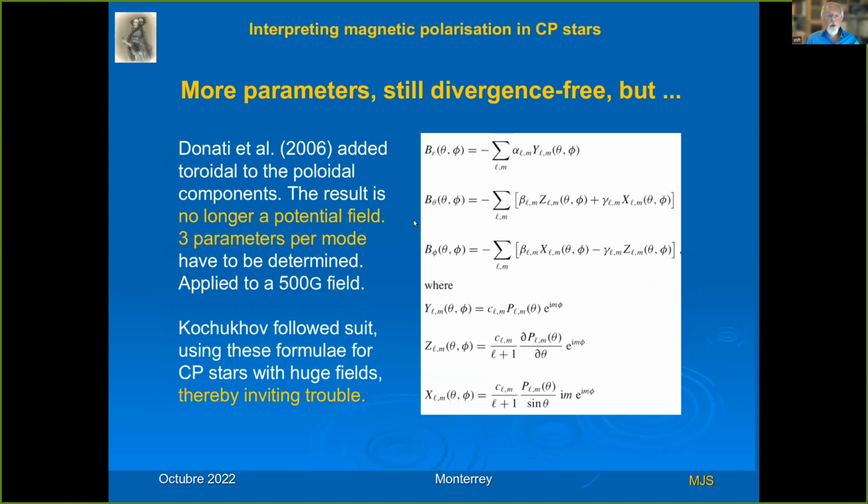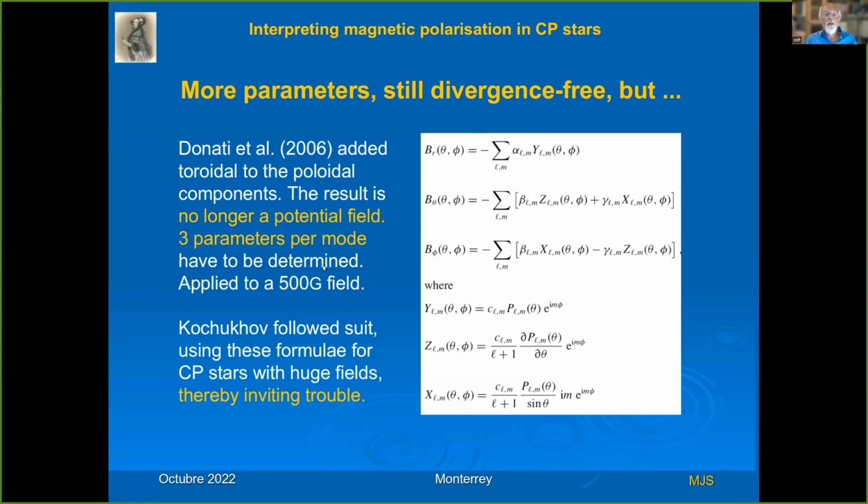Donati and co-workers, and later Kochukhov, they added toroidal to the poloidal components. And of course, in that case, you have no longer potential field. And there's another modification. The radial field is no longer coupled to the horizontal field. So you have alpha, beta, and gamma.